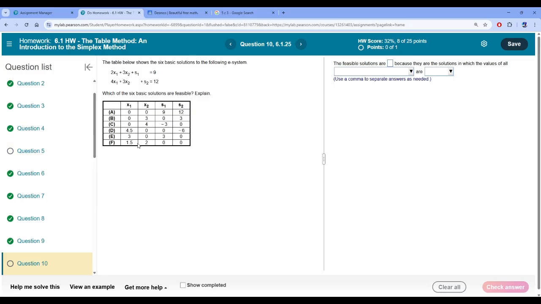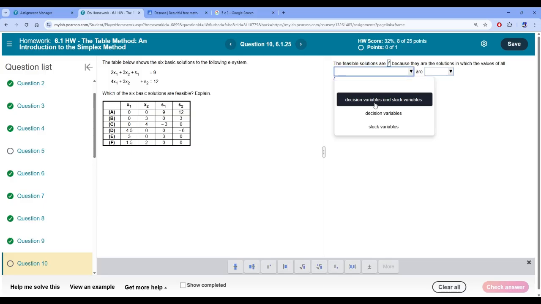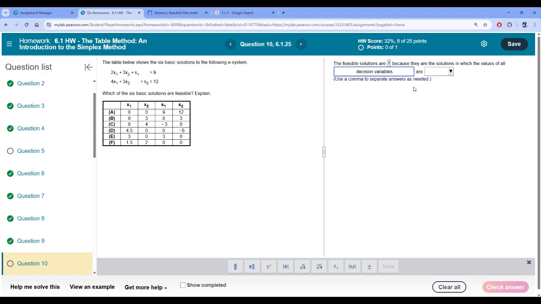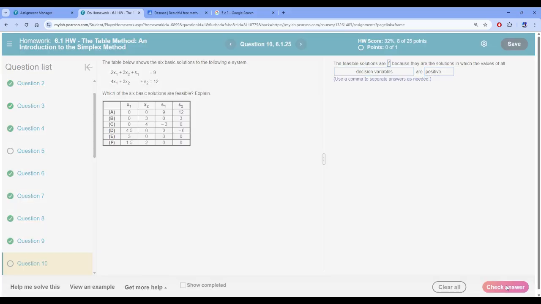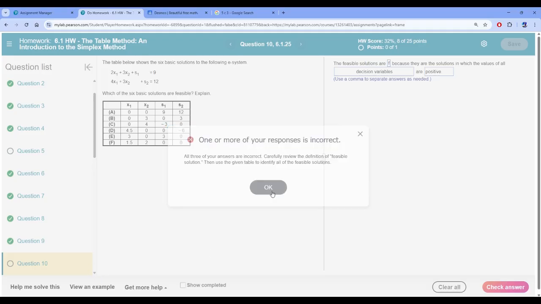The feasible solutions are blank because they are solutions in which all the values are... I want to say it's going to be F. In F, because all of the decision variables are positive. What is all three of my answers?